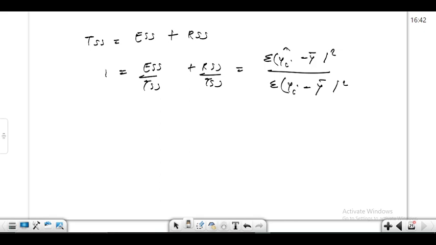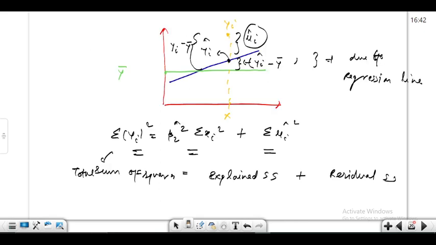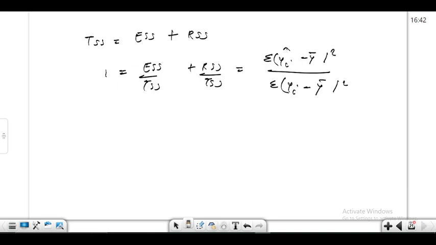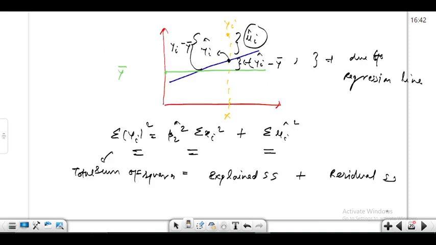You can see this from the graph also. yi hat minus y bar, this is your ESS.